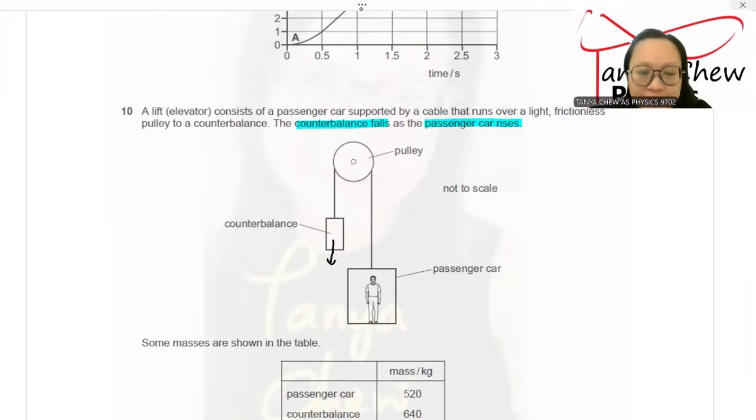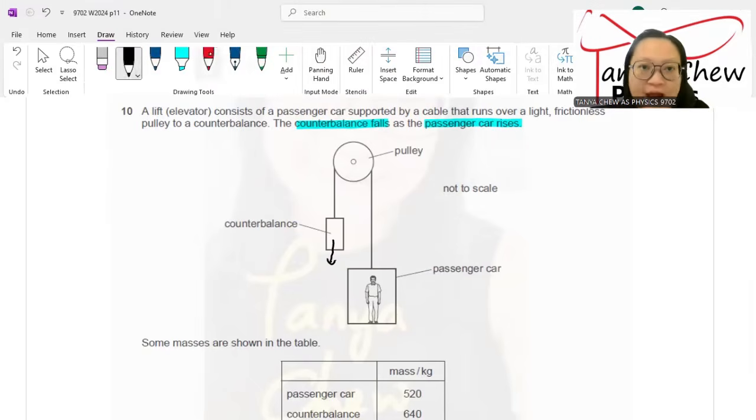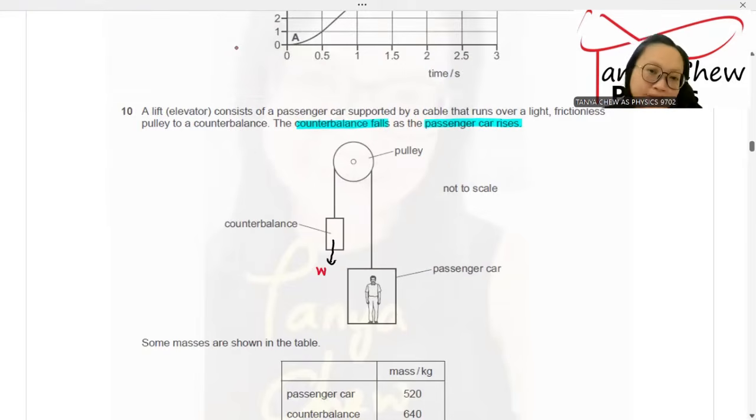Second step, identify all the forces that are acting on this system, right? Okay, when the counterbalance falls, this is the weight of the counterbalance. I put WC to mean the weight of the counterbalance. And could you see that the counterbalance is attached to a cable? Of course, there must be tension by the cable. And look at the other side.